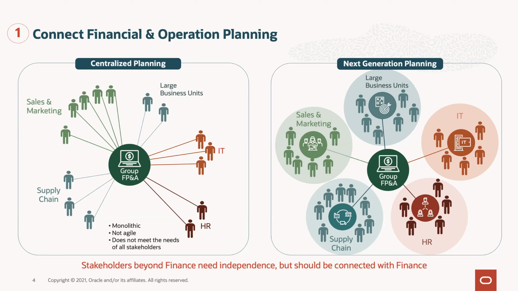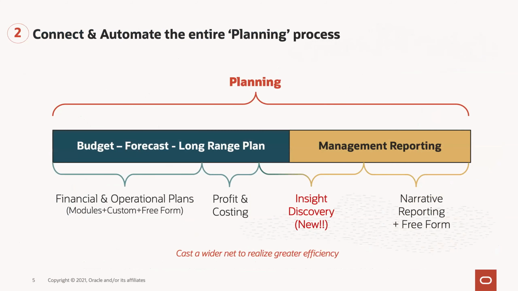The economy, the world today is not getting easier. There's still lots of risk out there. There's still lots of things going on in the economy where finance needs to be connected to the operations. Another important part of the strategy, and both of these tie right into some of the enhancements we'll talk about, is that we're trying to automate the entire planning process.